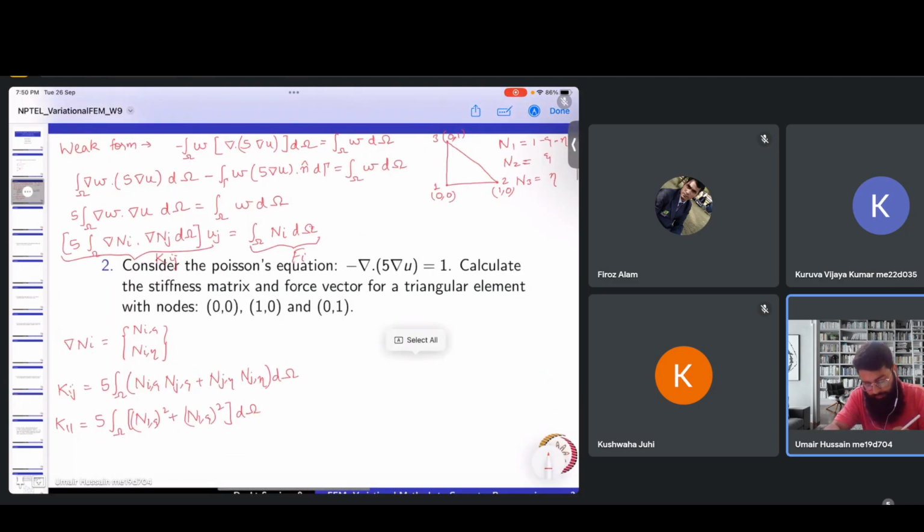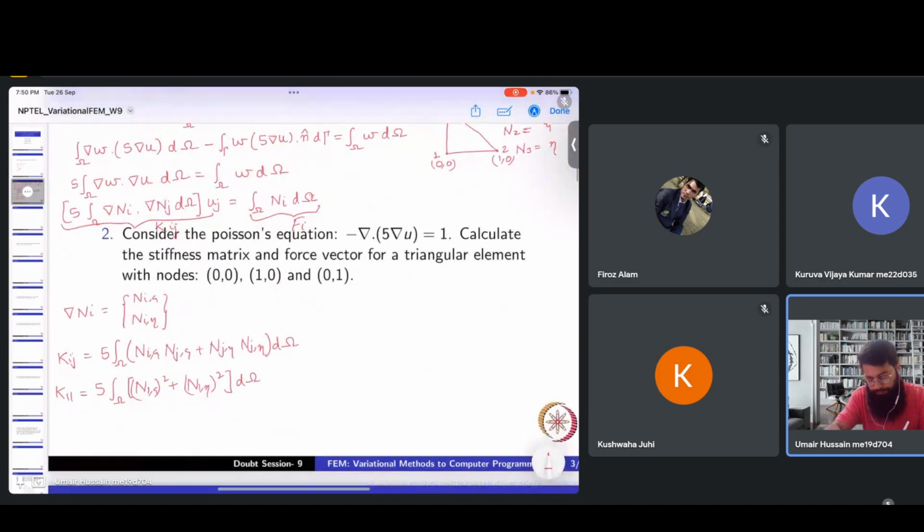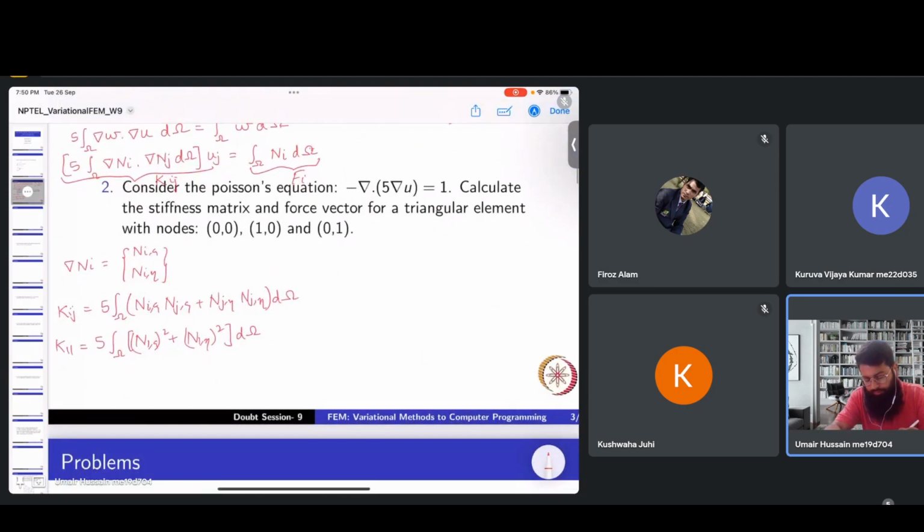The derivative of N1 with respect to eta is also minus 1, and minus 1 squared is plus 1. So we are left with 2, times the integral over the triangle of dx dy.